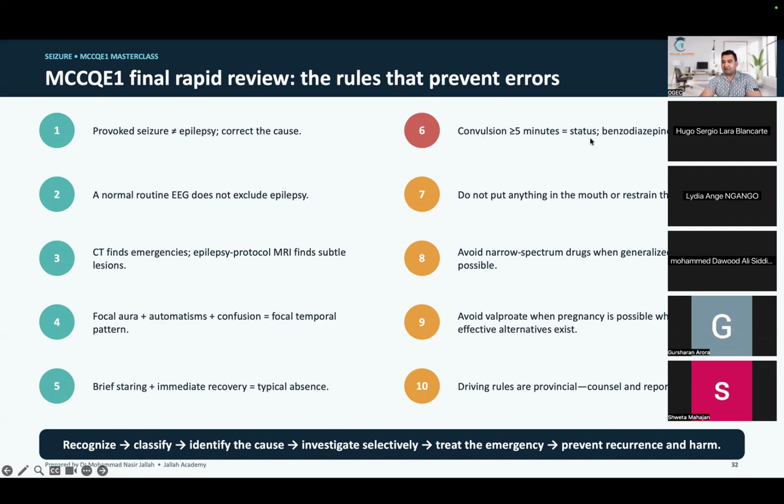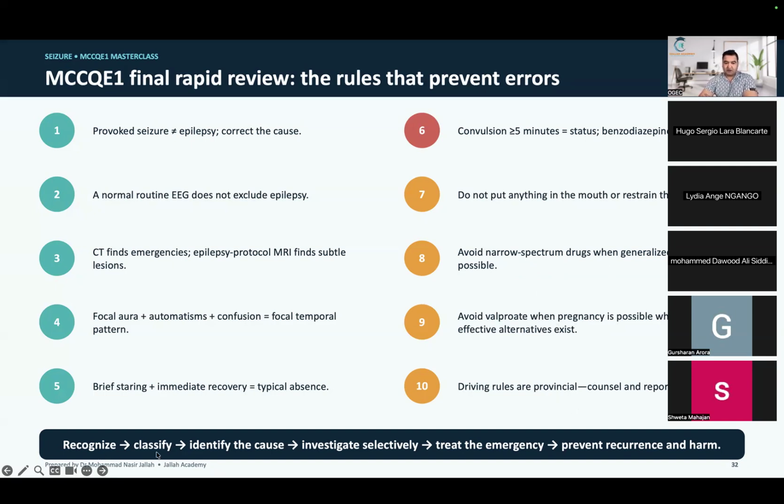Convulsion more than 5 minutes is status: benzodiazepine now, IV. Do not put anything in the mouth or restrain the patient. Avoid narrow-spectrum drugs when generalized epilepsy is possible. For generalized, use lamotrigine, broad spectrum, or levetiracetam with a rapid effect. Avoid valproate in pregnancy. Driving rules: provincial consult and report.